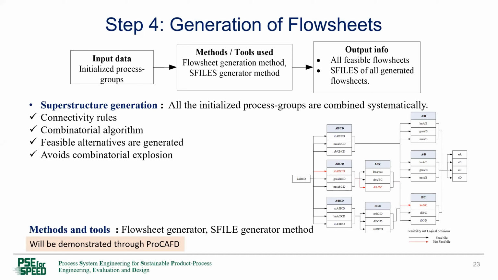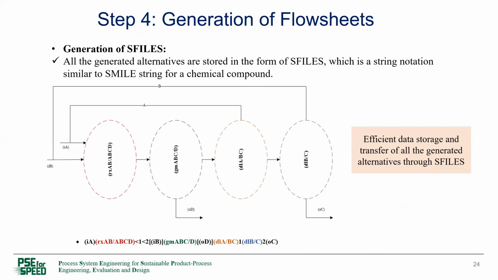So here is then a flow sheet that is doing a reaction followed by separation and recycling the reactant A and B. And then at the bottom, you see the S file.